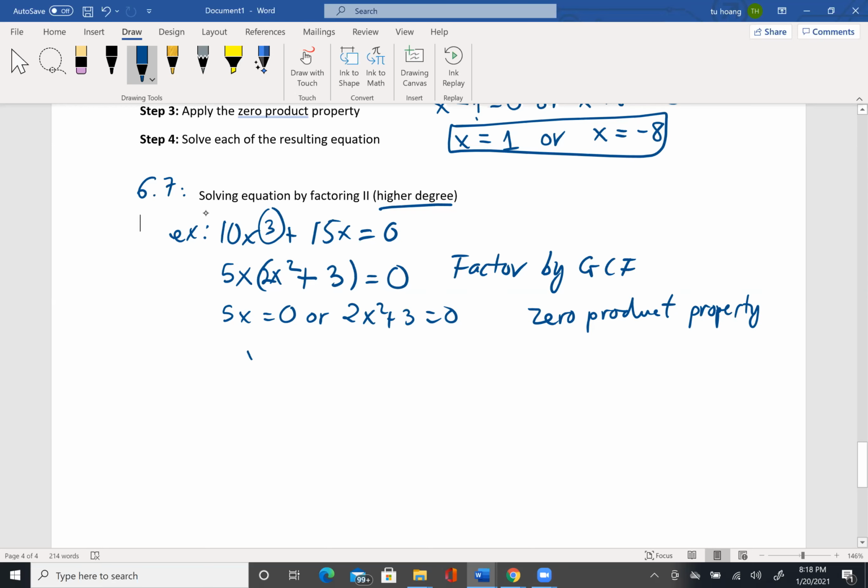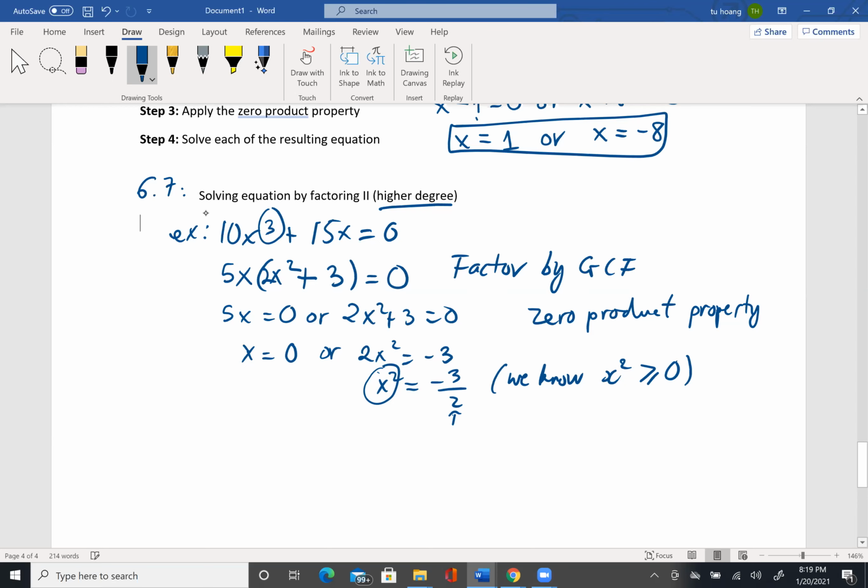And lastly, just solve it. So divide by 5 on both sides, I have x equals 0, or 2x squared equals negative 3. Well, you can go ahead and have x squared equal to negative 3 over 2, but you know that x squared is always greater than or equal to 0, which is positive, but this one is negative, right?